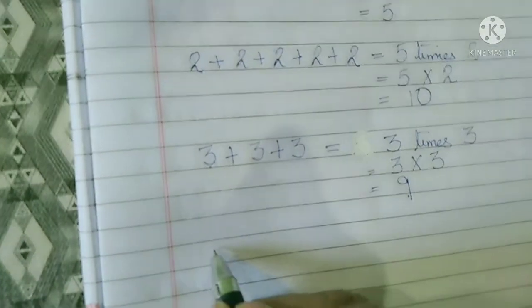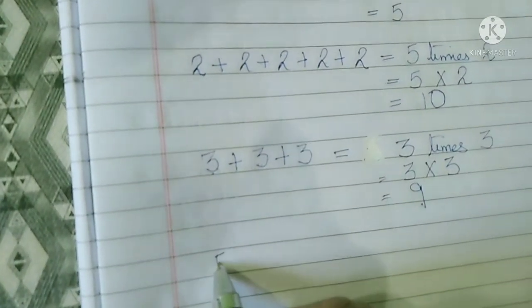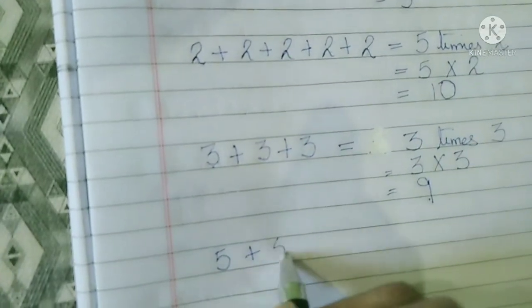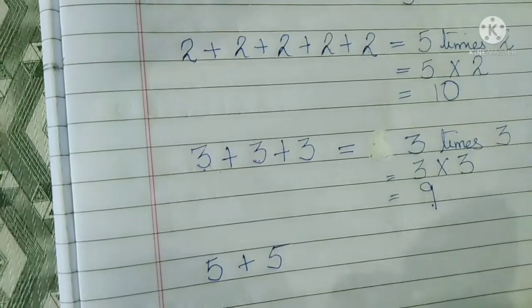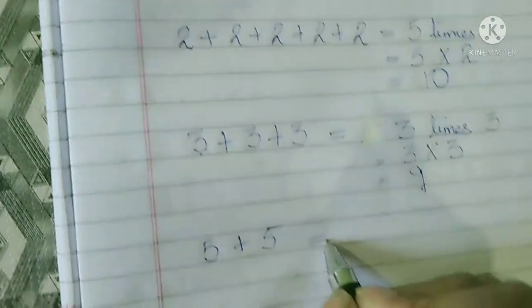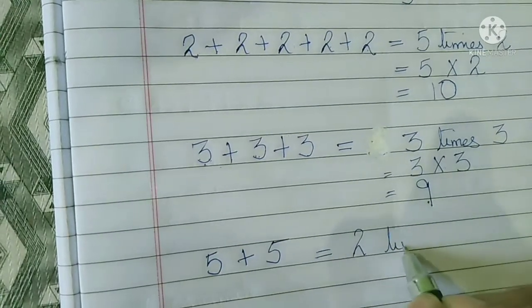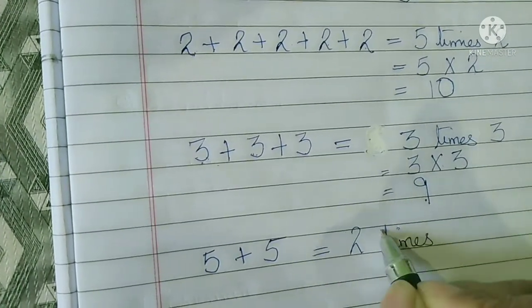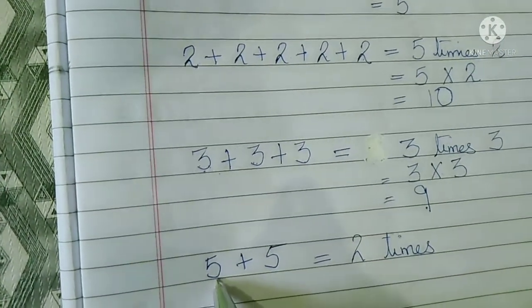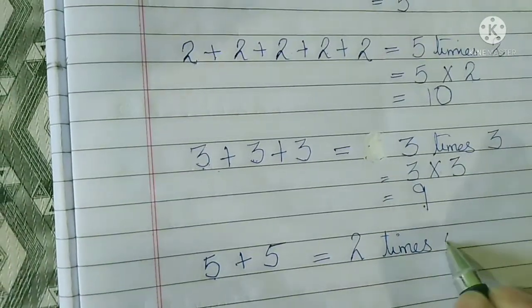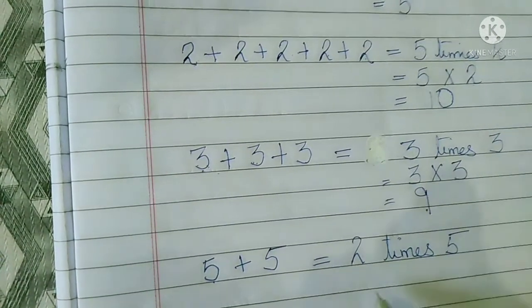So we can write 5 plus 5. How many groups are there? There are 2 groups. That means you will be writing 2 times. And in 1 group how many ladyfingers? That is 5. So you will be writing 5.